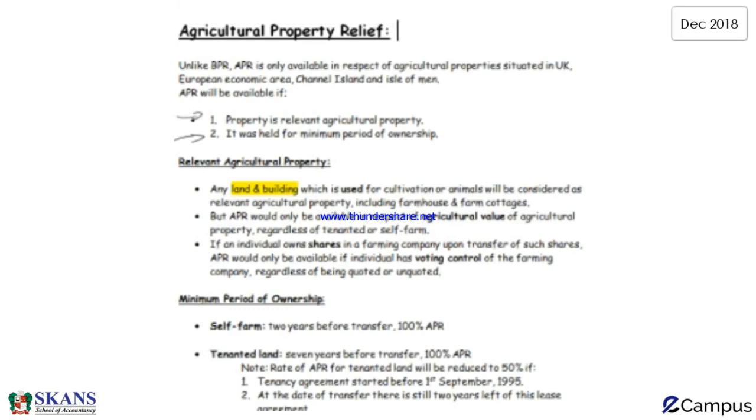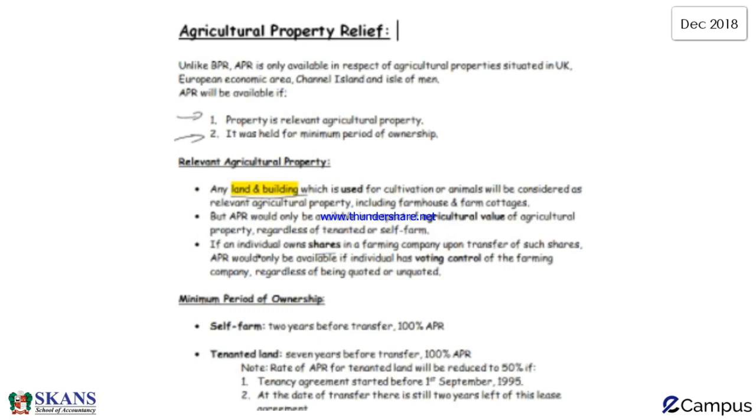One is the property is a relevant agricultural property, and second is if it was held for a minimum period of ownership. Well, if you want to know which of the properties are considered as agricultural properties, first of all, make sure other than land and building, and okay, let's talk about shares in a while.